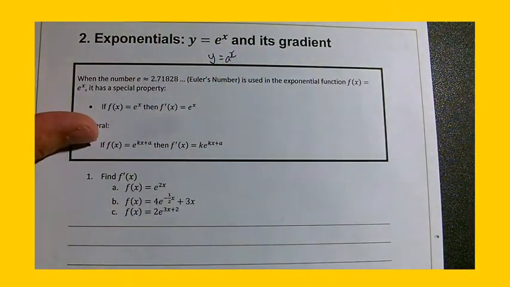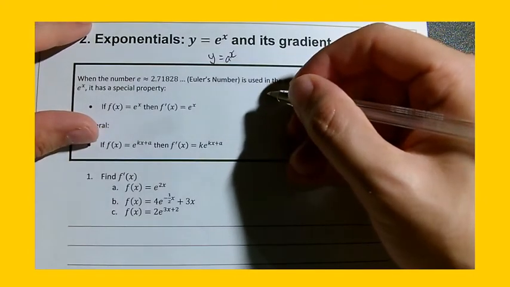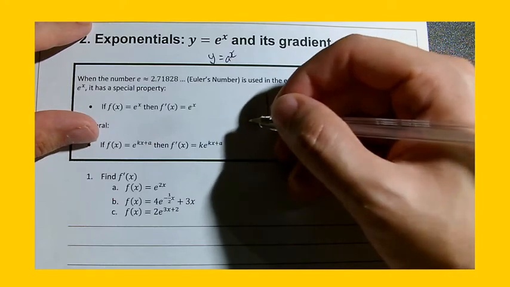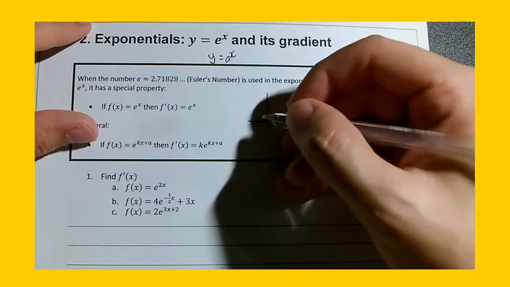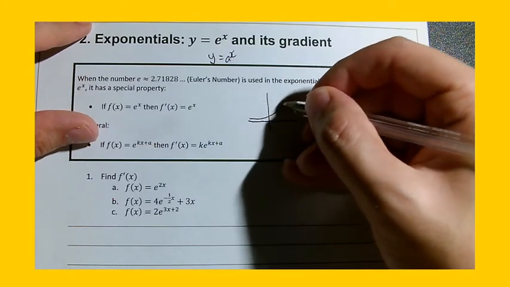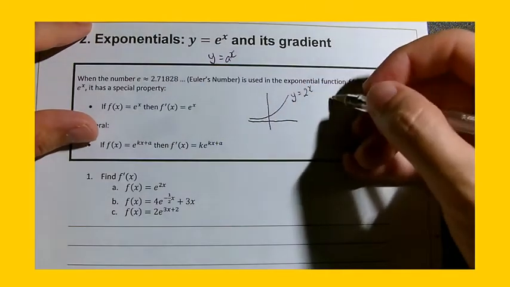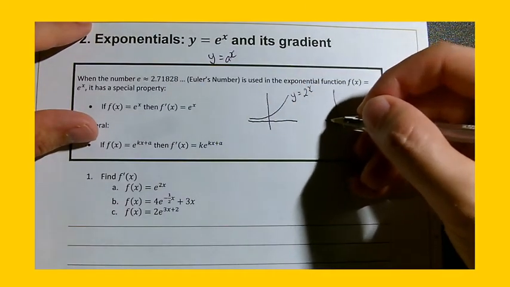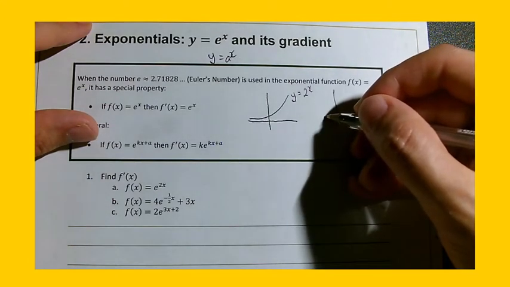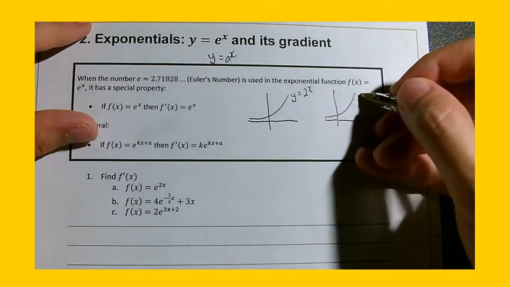Now, if we think about the graphs y equals a to the x, we know what form they have. So let's look at y equals 2 to the x. Okay, and let's look at y equals 3 to the x, which will be slightly higher.